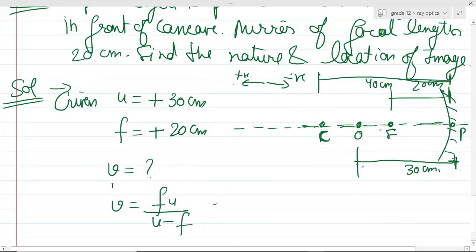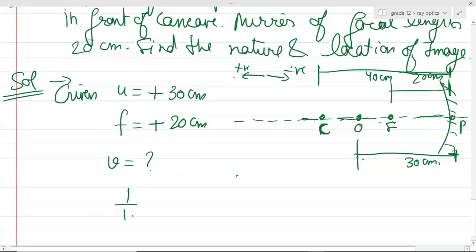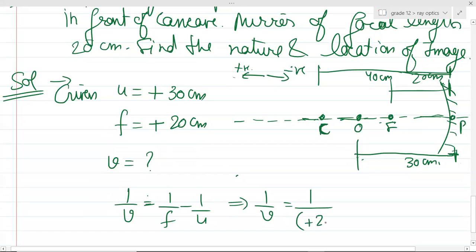Or if you don't want this, don't do it. Sir, 1 by v is equal to 1 by f minus 1 by u. That implies 1 by v is equal to 1 by f. Now see very carefully, when I am putting the value of f, I am putting it with sign convention. It does not matter whether it is plus or minus. Even if it was plus, I am putting it in brackets with this sign, right?